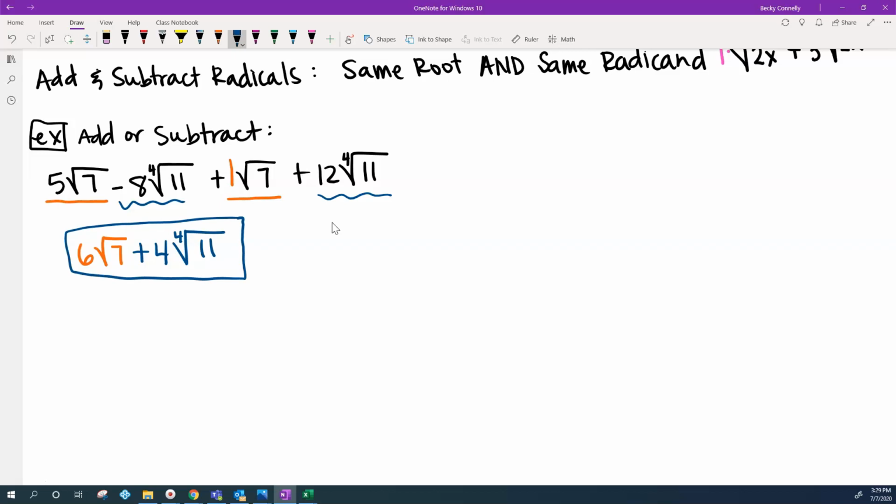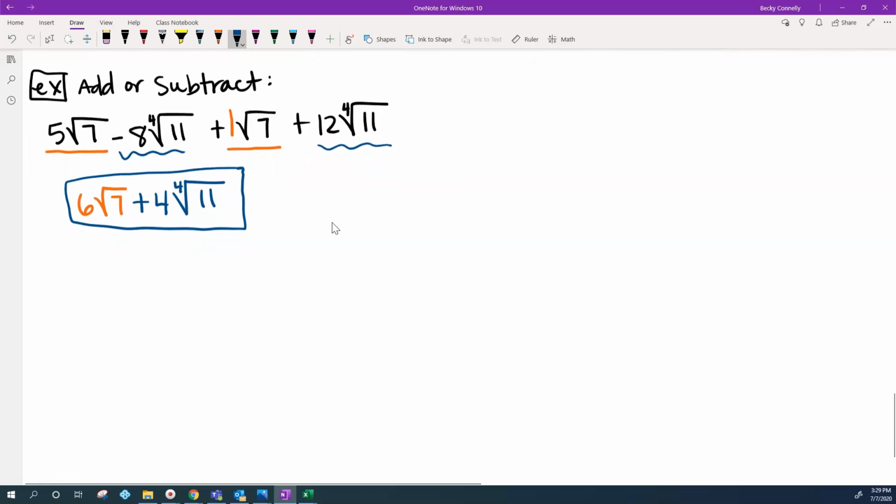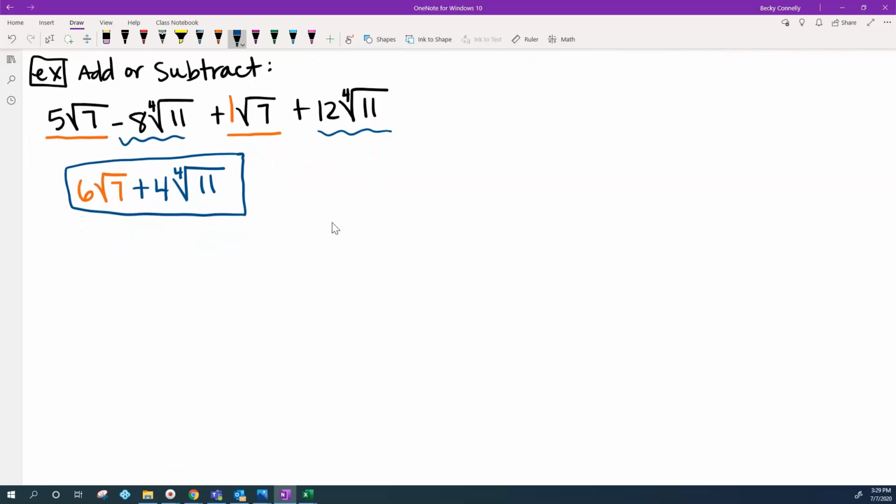Okay, so I can only combine things together that are the same. And sometimes you have to make them the same or see if you can make them the same. And on the homework, if you can't make them be the same, then it tells you to put DNE if you can't combine them together.